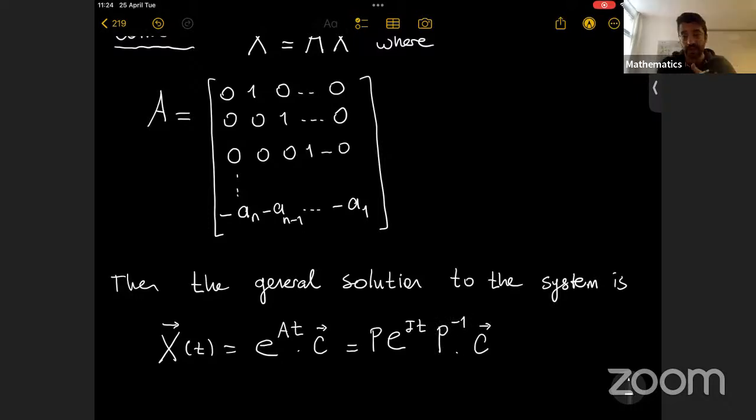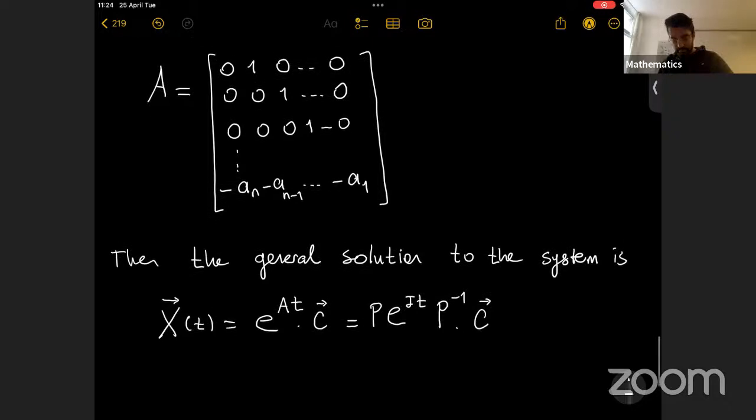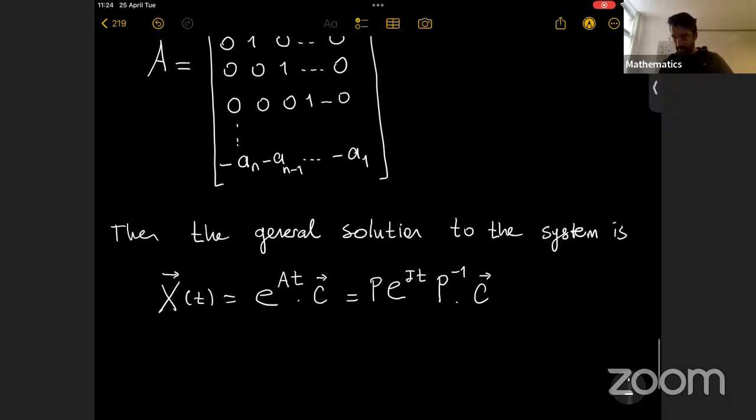J is the Jordan block or Jordan form of A, and P is the matrix with columns consisting of eigenvectors, right?